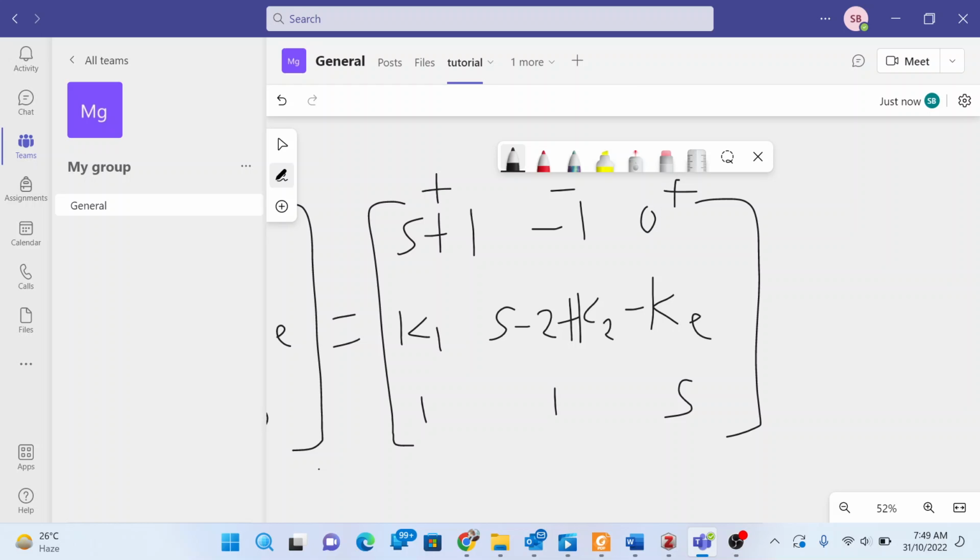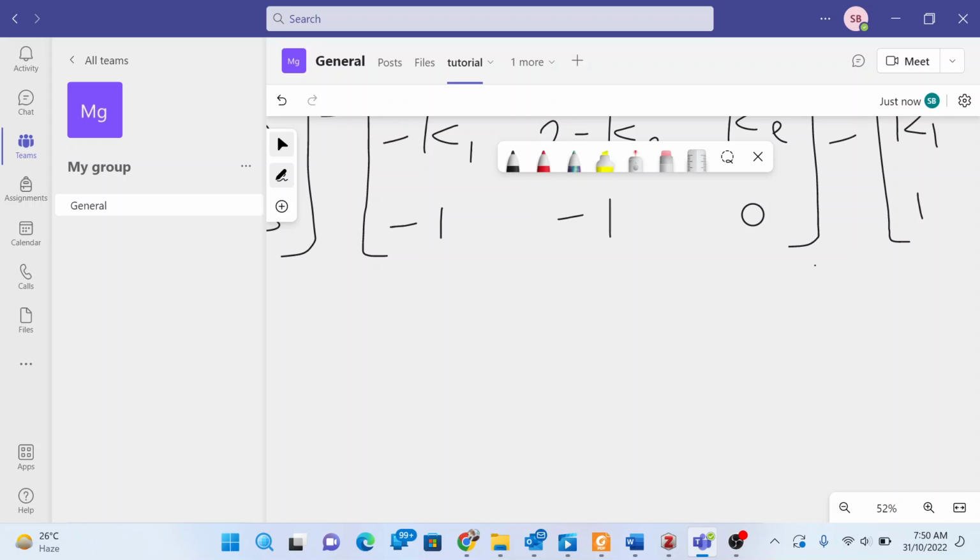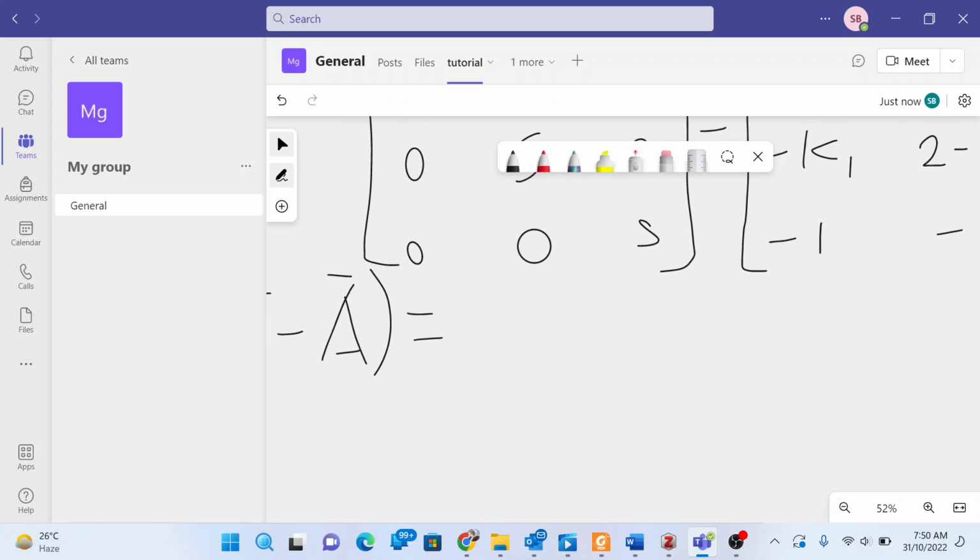We take the first entry and cross out its row and column. We multiply the major diagonal, then subtract the minor diagonal. So this is going to be minus, then if you cross it, what is left is K1 and S, then 1 and KE.